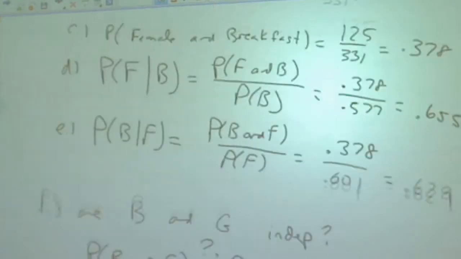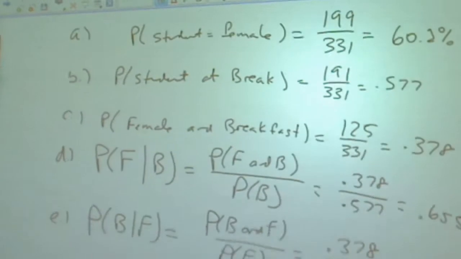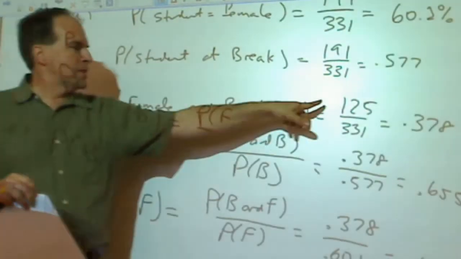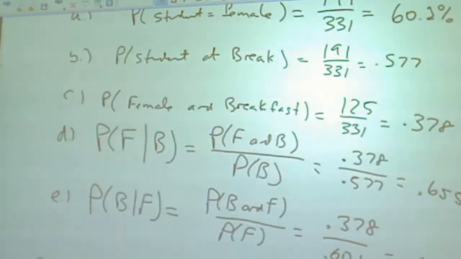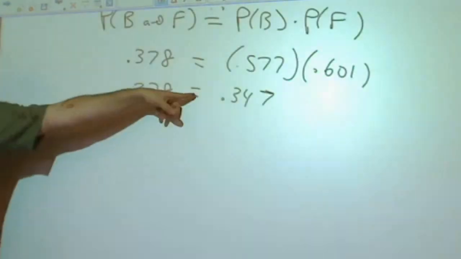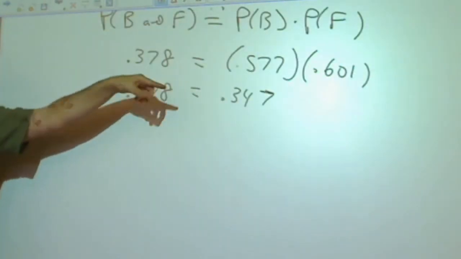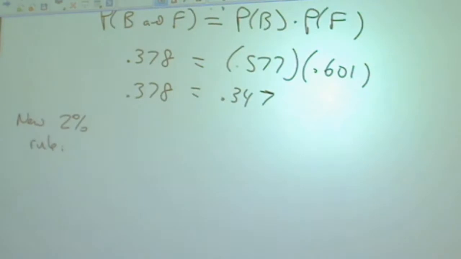No, because we calculated it, the 125 over 331. This is only true if they're independent, and that's why we're using it as an independence test. So if they're within the 2%, then they are independent. But if they're far enough apart, they're dependent. They're not independent. This is not within 2%, so they're dependent.